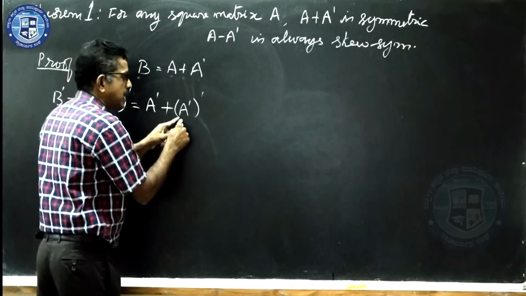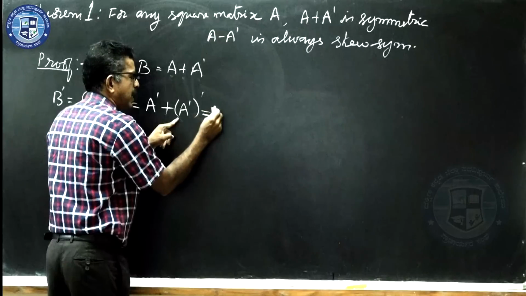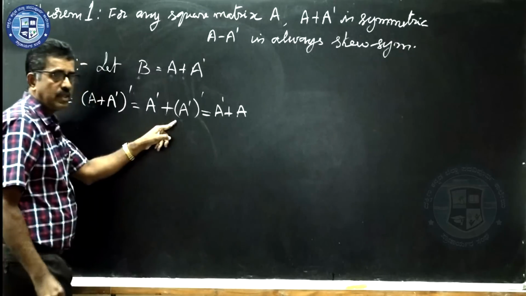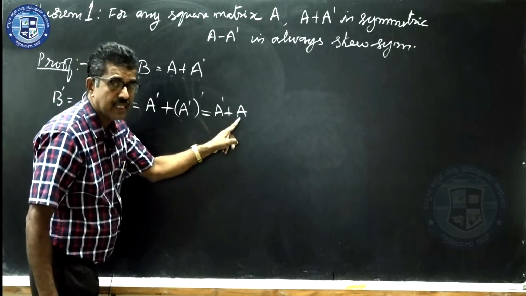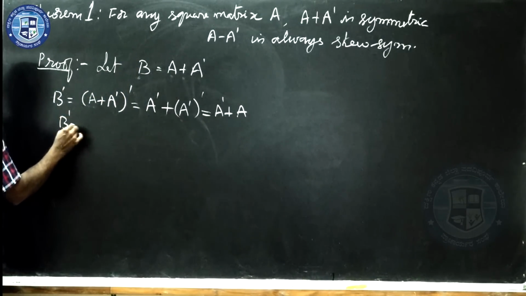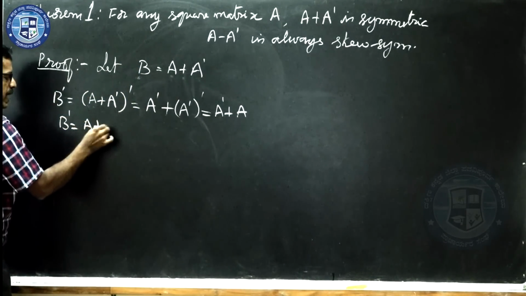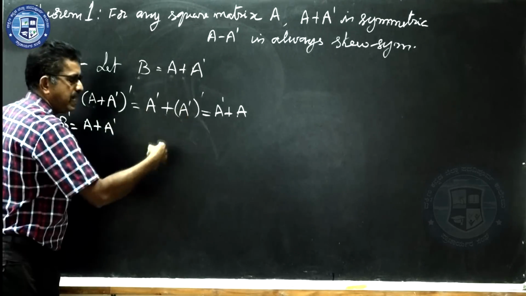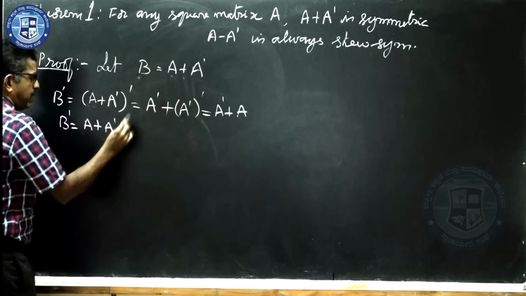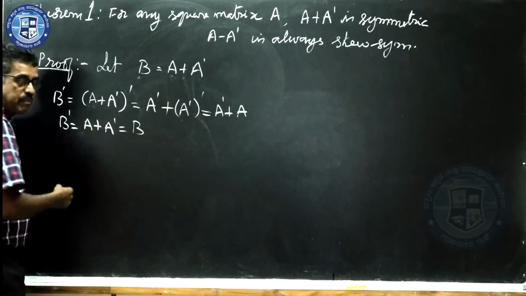And you know that transpose of transpose is the same matrix, so we get A dash plus A. And matrix addition is commutative, so I can write B dash is equal to A plus A dash, because A dash plus A is the same as A plus A dash, and this A plus A dash is nothing but B. Therefore you got B dash is equal to B.